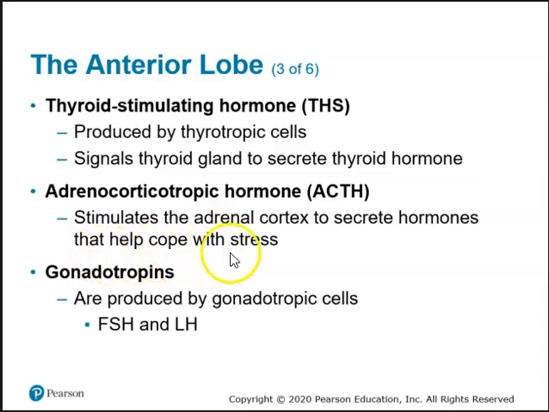help cope with stress. Your gonadotropins are produced by your gonadotropic cells. This includes your follicle-stimulating hormone and your luteinizing hormone. For females especially, we take a look at these hormones when we want to consider ovulation and the regulation of the menstrual cycle.